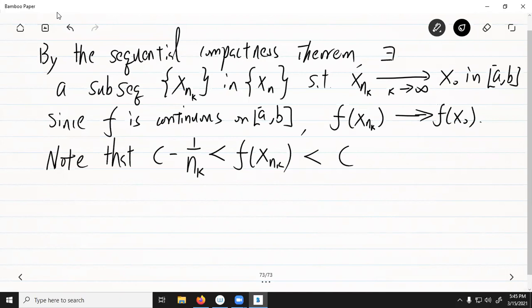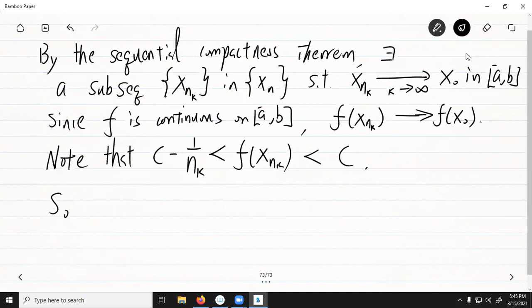If k approaches infinity, n sub k would approach infinity, right? So here is one thing we want to use, which is the squeeze theorem you have learned in calculus. If both sides approach the same number, then the middle one will also approach that number, right?